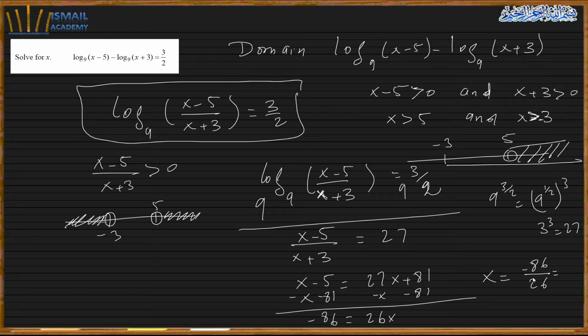Why? Because if I substitute this value into the equation here, I will have the value inside of the log here is negative, and you know the inside of the log should never be negative, should always be positive. But if I substitute this x here, I will have a positive output because it's going to be negative on both sides. So be careful with that type of equation.